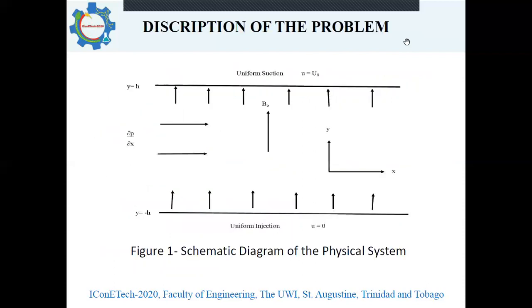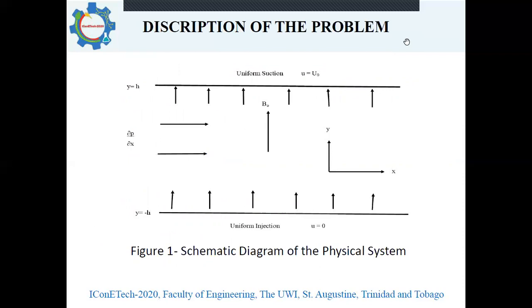Our problem has 2 infinitely long horizontal parallel plates. The lower plate is stationary while the upper plate moves with a constant velocity u0. The fluid flows with uniform injection through the lower plate and uniform suction through the upper plate.